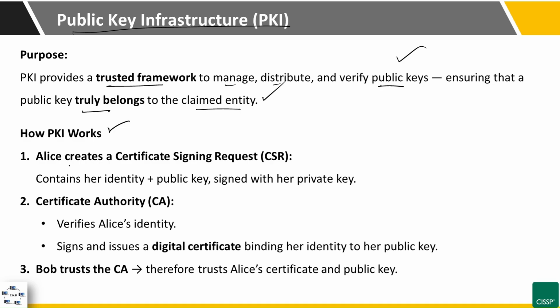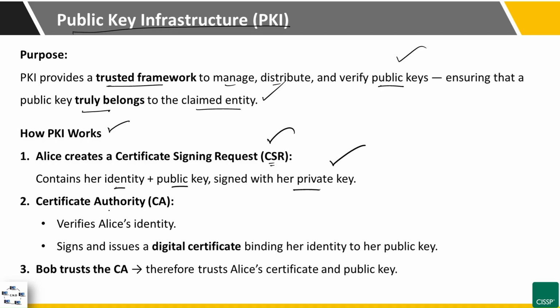Step one: let's suppose Alice creates a certificate signing request, or CSR, to the CA, which contains her identity plus her public key, and it is signed with her private key. Since Alice's private key is only with Alice, it makes sure that the public key actually belongs to her. This is what the CSR contains, and it is sent to the CA.